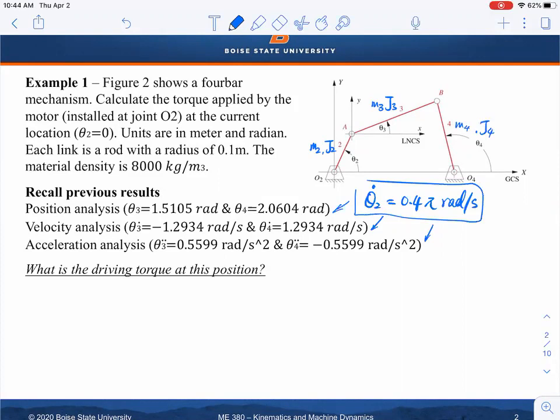And then in this example, we ignore gravity. But I believe in homework 5, I ask you to consider gravity in the system. Okay? So how can we find the torque? Again, you have two methods. The first method is always the Newtonian method.